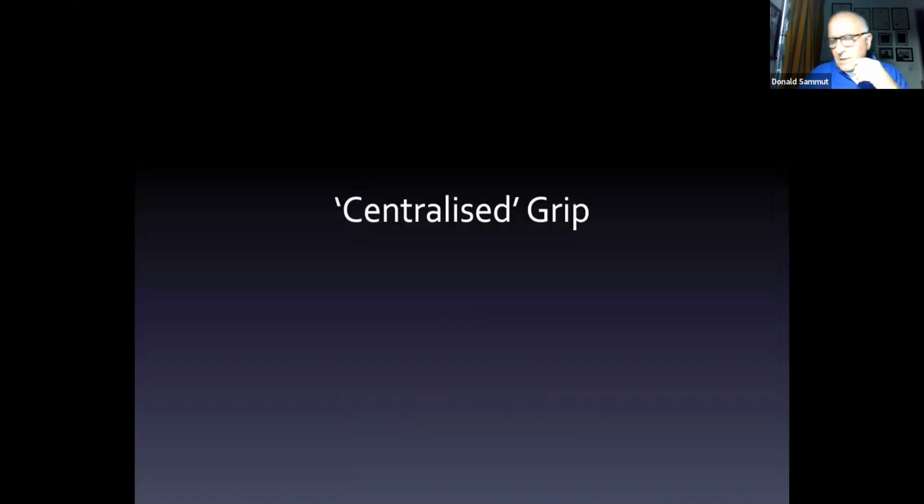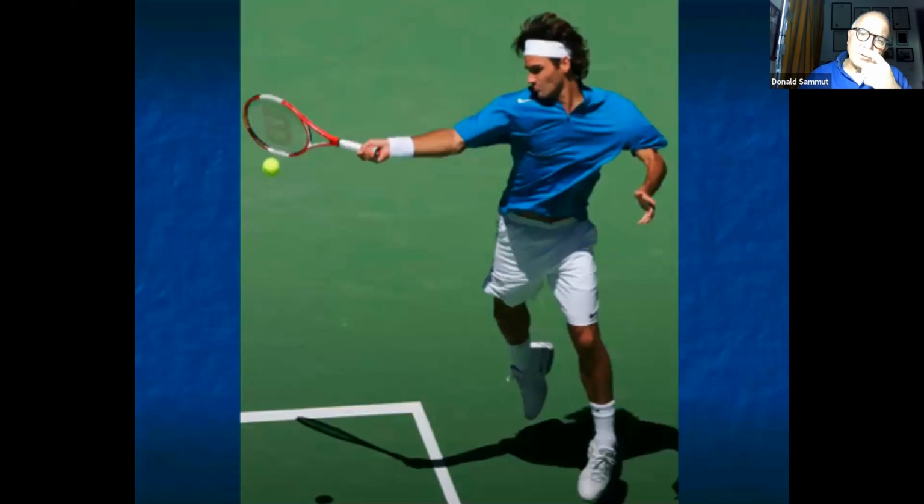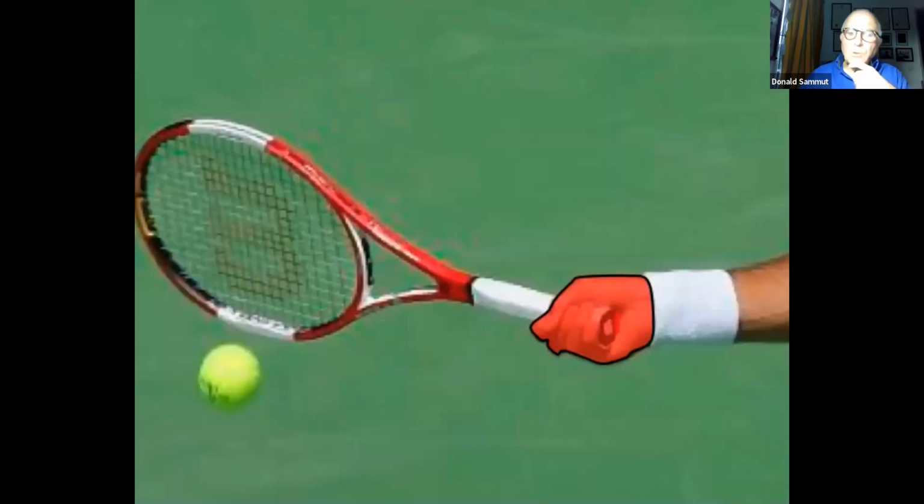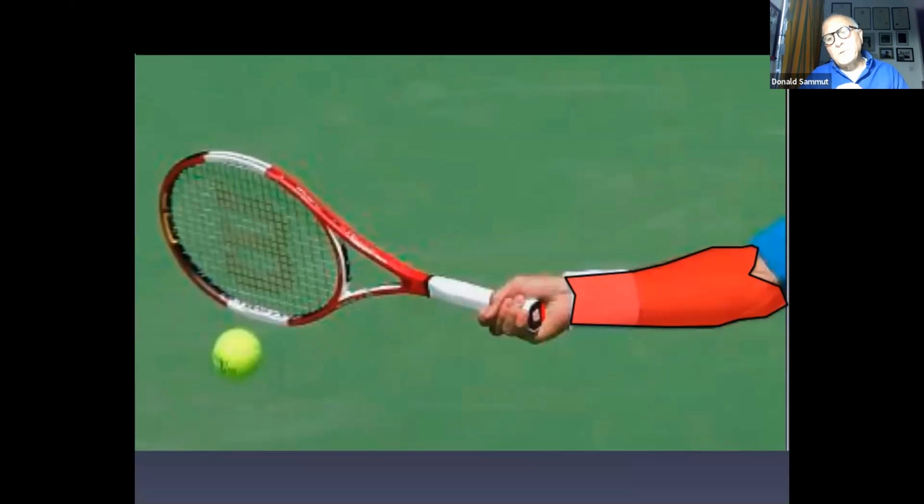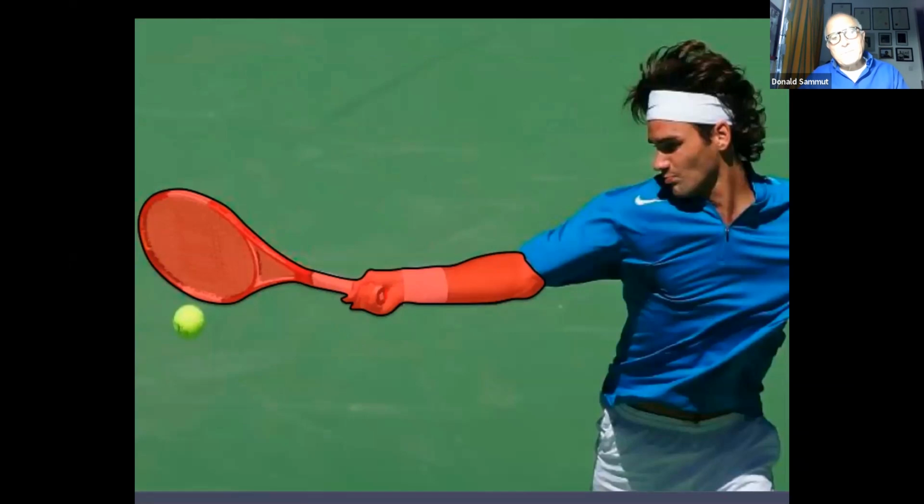Okay, so centralized grip is typified by this sort of action. And although it looks like this, the hand is the active participant here. In fact, all the power is being produced by the forearm. And as soon as one grips a tool, a racket, a hammer, a bat, that upper limb becomes racket, becomes hammer.